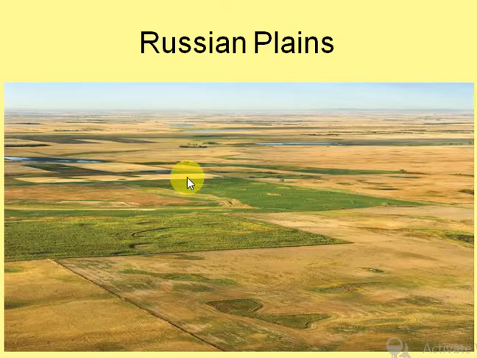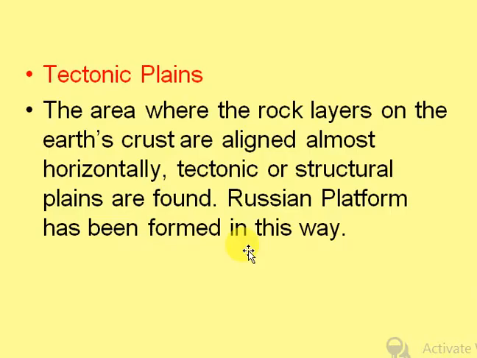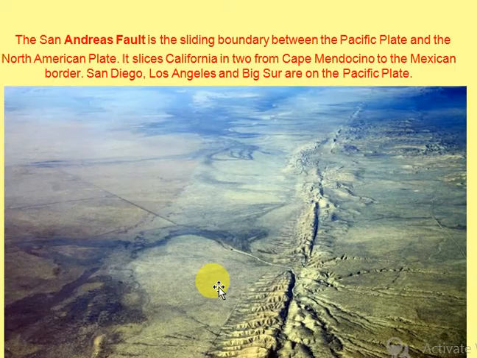So this is a good example of the Russian plains formed by tectonic activities. The area where the rock layers of the crust are aligned almost horizontally, tectonic or structural plains are formed. This is a good example of this.